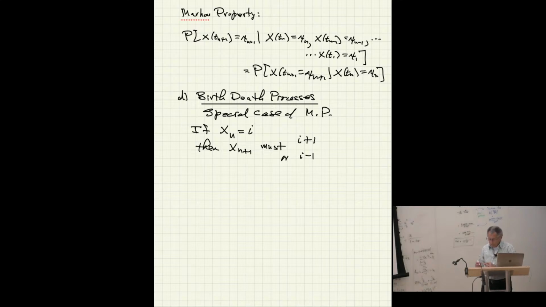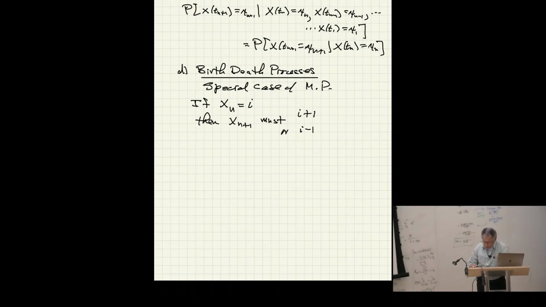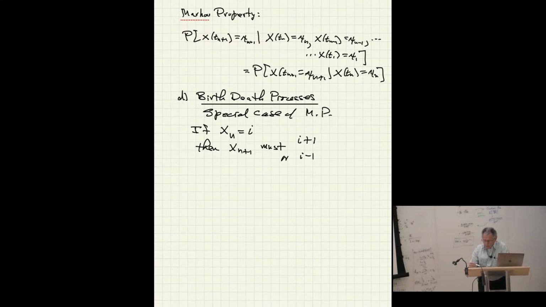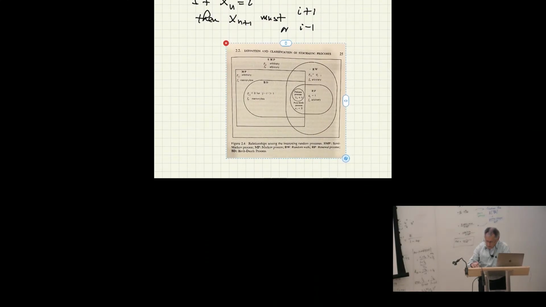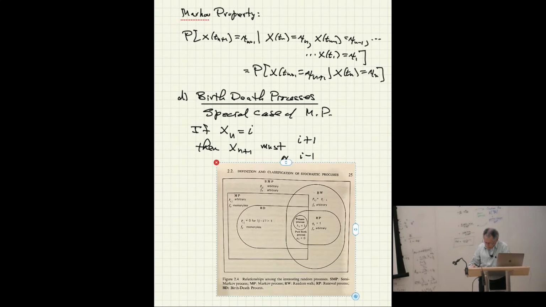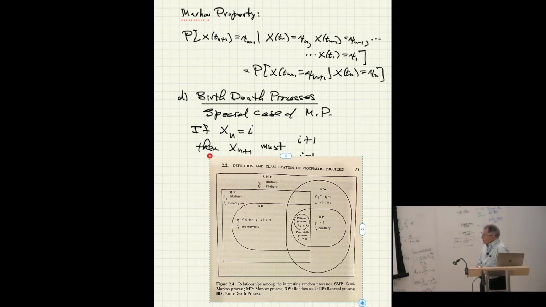Now, before we go much further, I'm going to pull up a diagram from the book. That's on page 25, as you can see. And what we just talked about, essentially, was a Markov process, and a birth-death process.